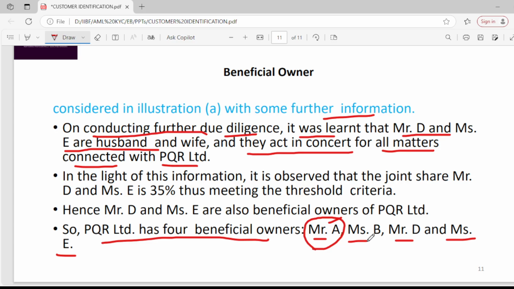Mrs. B has more than 25% ownership in PQR Limited. So she satisfied that condition. Mr. D and Mrs. E are husband and wife, and both act in concert in all matters, and also together their shareholding is more than 25%. That's why they both are also treated as beneficial owners.